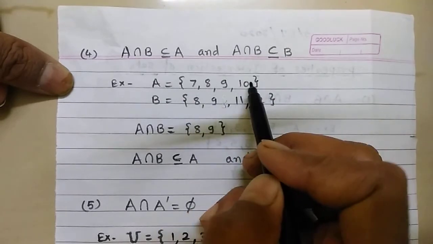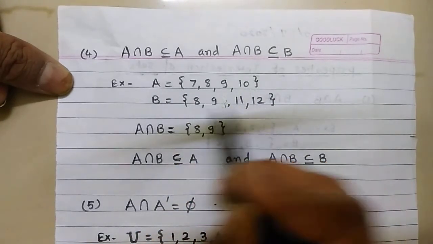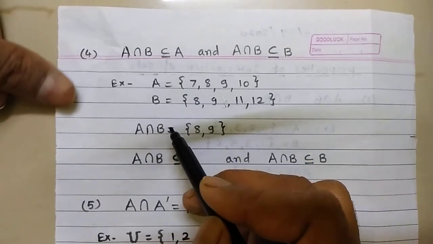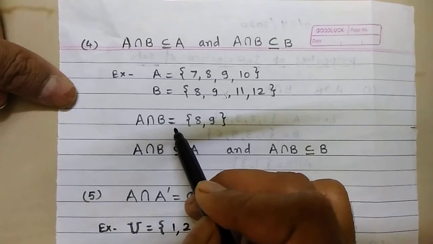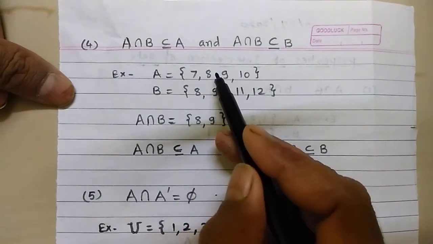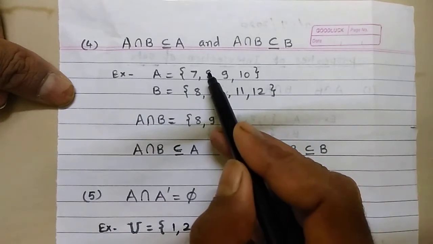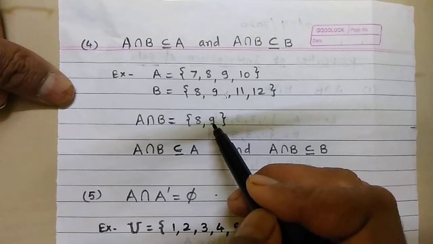These are the elements of the set A. 8, 9, 11, 12. These are the elements of set B. Now write down the intersection of these two sets. A intersection B is equal to, collect the common elements from both. 8 is common, 9 is common.